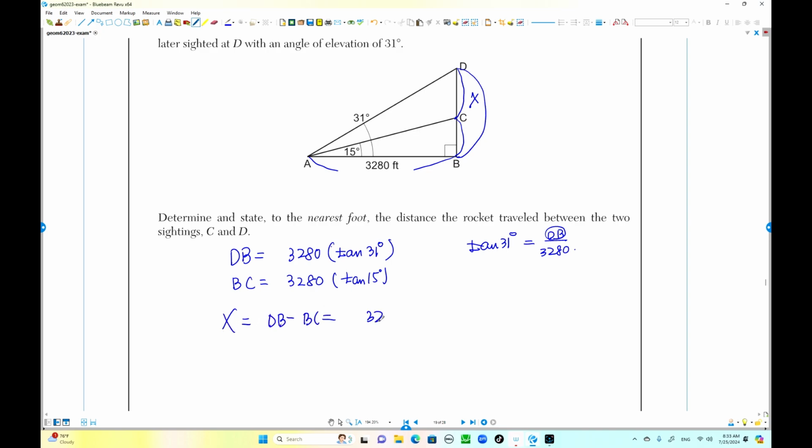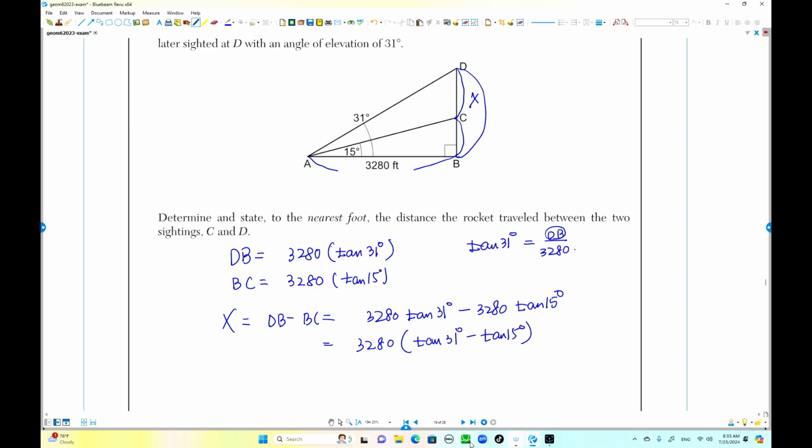So 3280 times tangent 31 degrees minus 3280 times tangent 15 degrees. Or you can use this one too: 3280 is a common factor, so 3280 times the quantity tangent 31 degrees minus tangent 15 degrees.